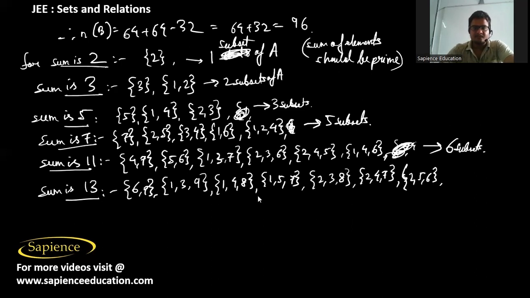So the sum is 13. In this way, we shall take till the sum is 23. After 13, the sum is 17, then the sum is 19, then the sum is 23.